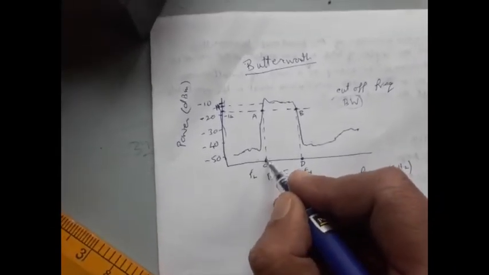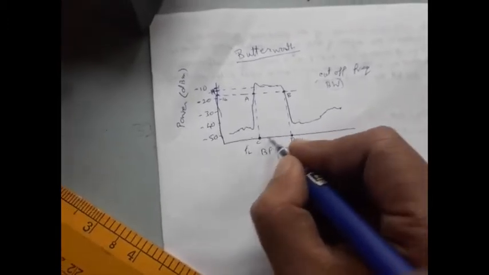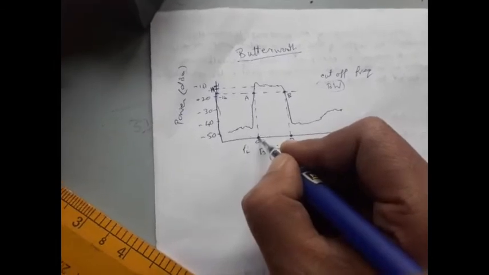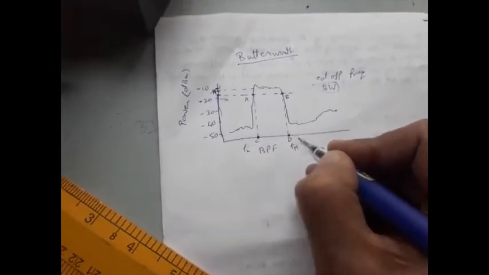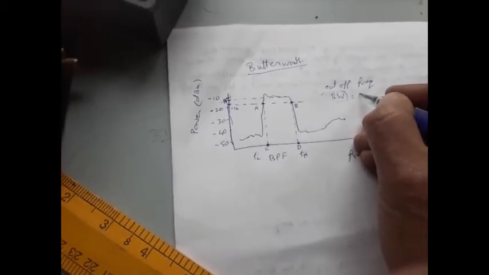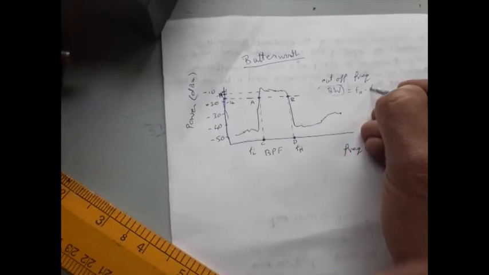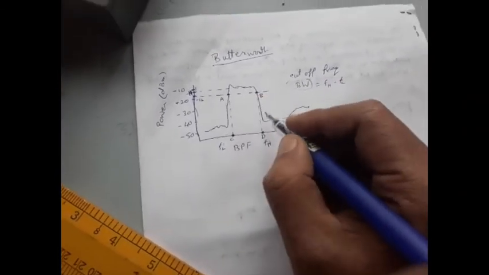You can measure it from the frequency axis. So to calculate bandwidth, you just write FH minus FL. That will give you the bandwidth of this particular band pass filter.